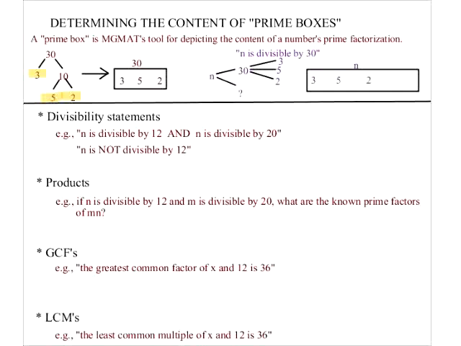But this time there may also be other factors. So we put a question mark like that to indicate, because divisibility just means that these prime factors are contained in the factorization. They are in the box. But they are not necessarily the only things in the box. So in this case, n could have additional factors.